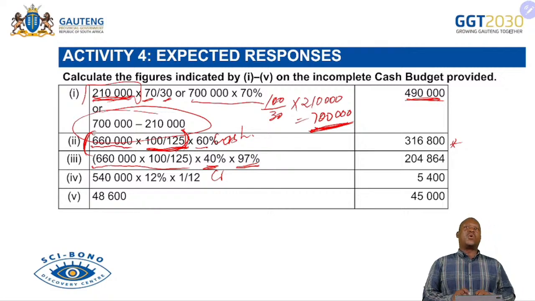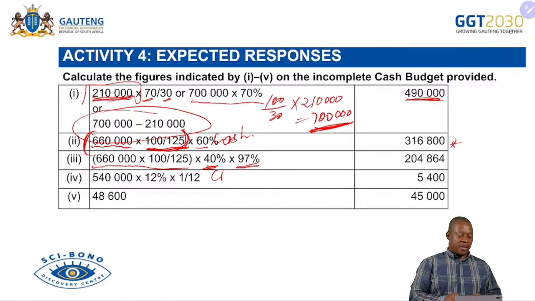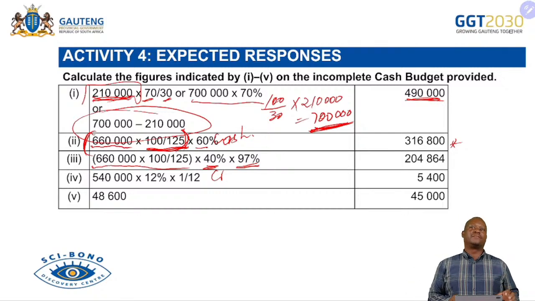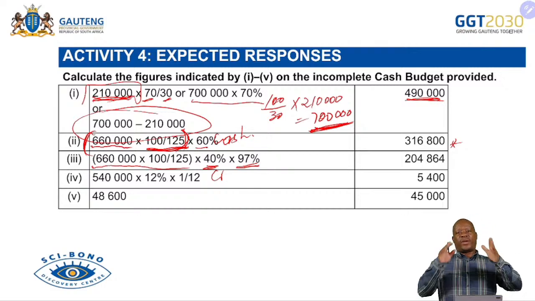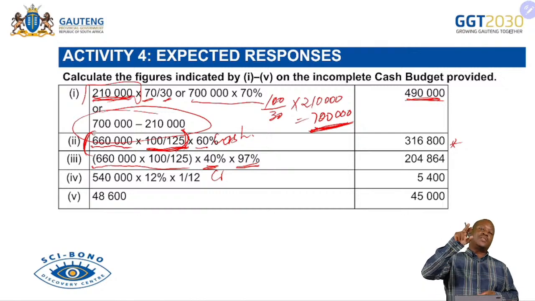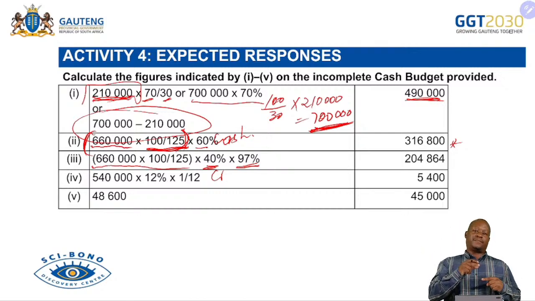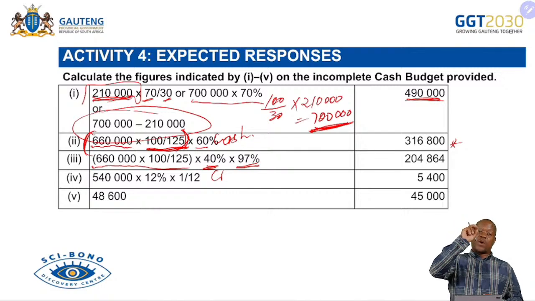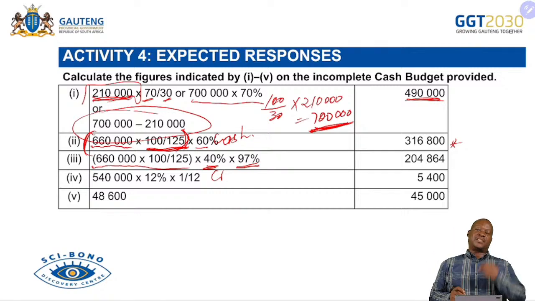As long as you know what your end result should be, then you can be in a position to deal with it. But I will never overemphasize the fact that when it comes to this topic, there is always a relationship between your sales and your purchases. When you are given the sales for January, you can use it to find the purchases for January. The link is your markup.